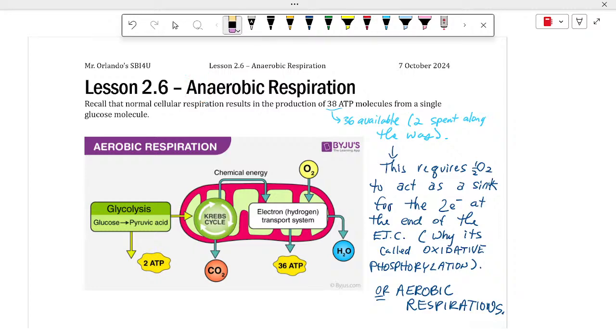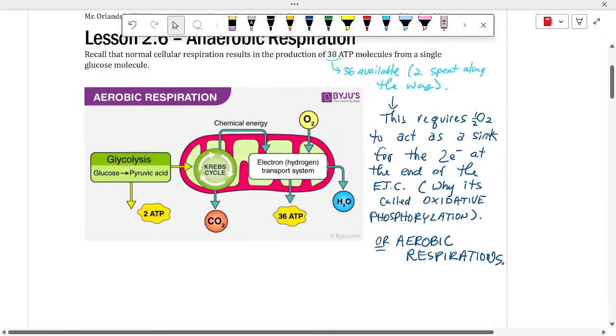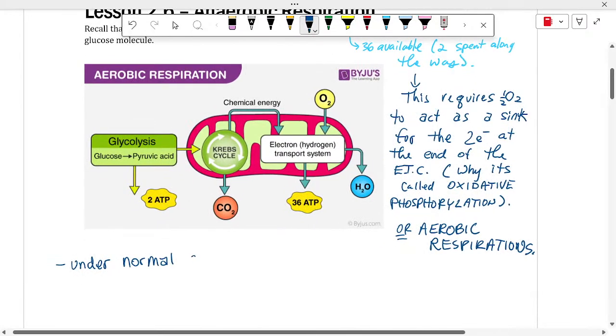So what is that? No oxygen. Good. So we would say under normal conditions, we need 6 O2 molecules to break down a single glucose molecule.